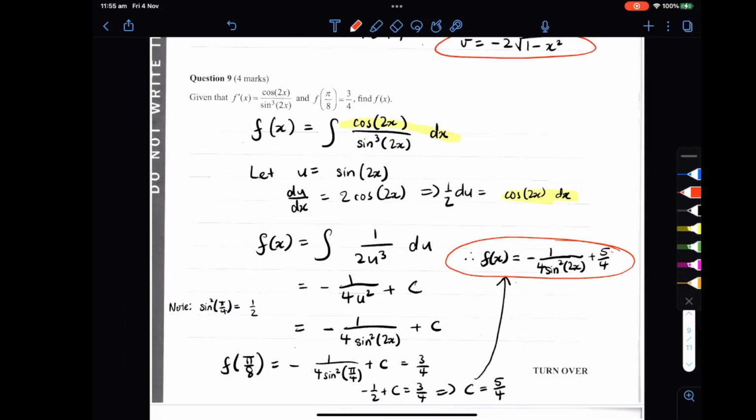Does that look reasonable? Yes, I think it's fine. It should be okay. Yeah, okay, that's all good.